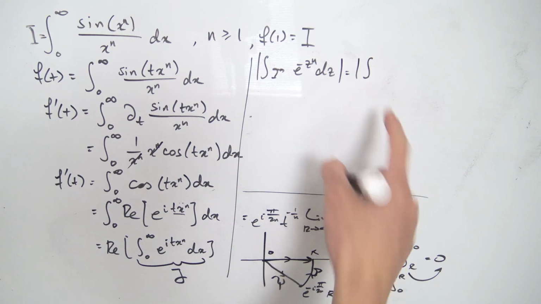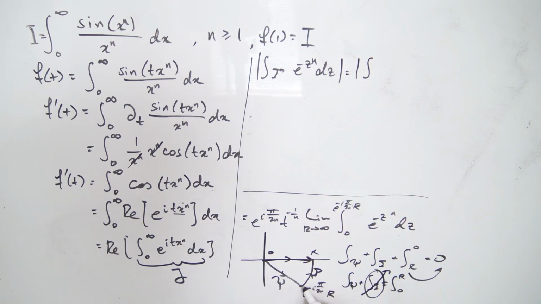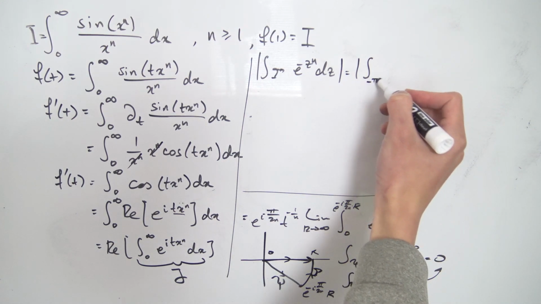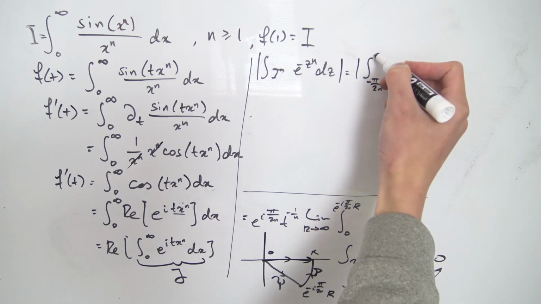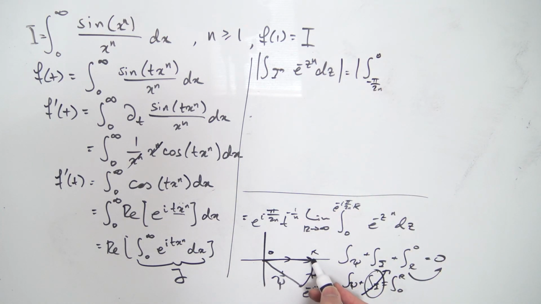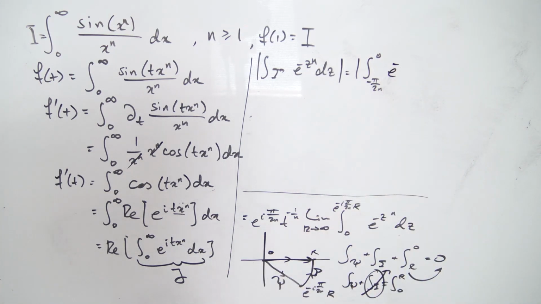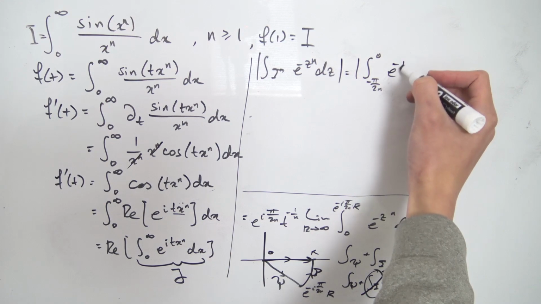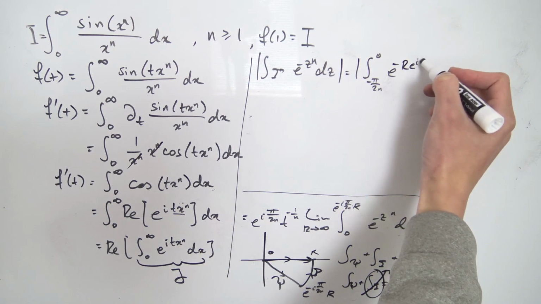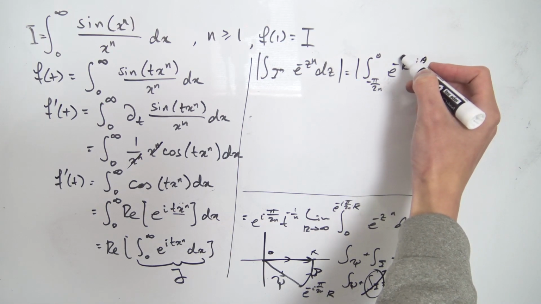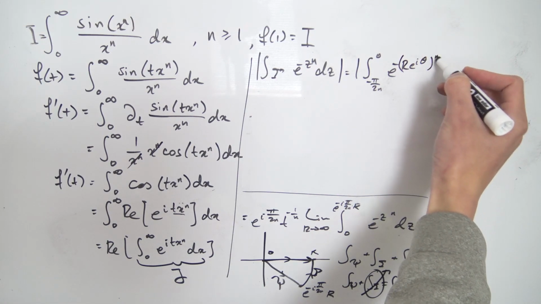The integral is going to be parameterized as a function of angle. So our angle is going from minus pi over 2n, like so, all the way up to 0, because an angle of 0 is right here. And we have e to the minus, well, z, how can we parameterize z? z is just r times e to the i theta, but this whole thing raised to the nth power.